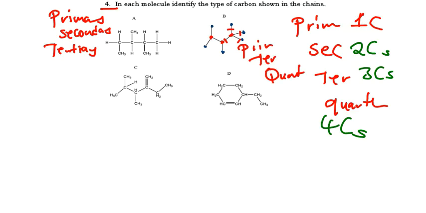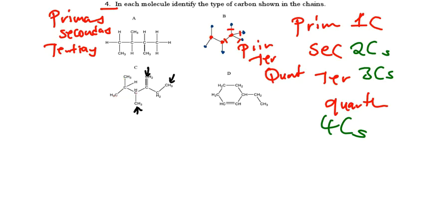Then for C, that's a primary, primary, primary, primary, primary. Anything at the end is a primary carbon. This one is connected to 3 other carbons. This one to 3. There's this one, and that one. So it's tertiary.